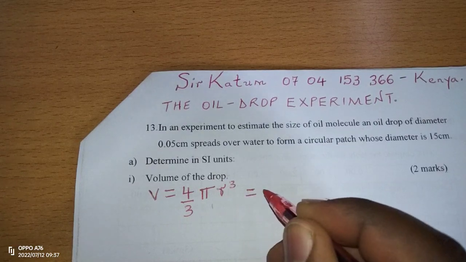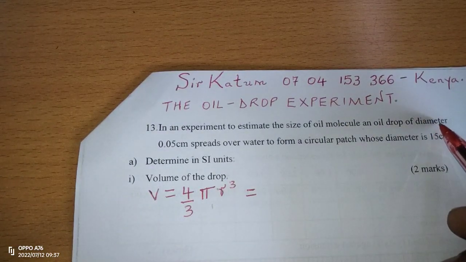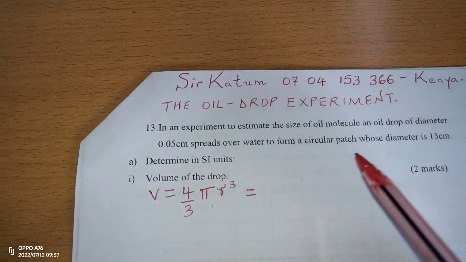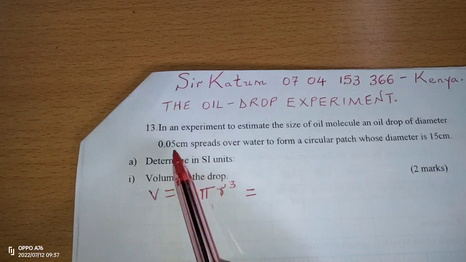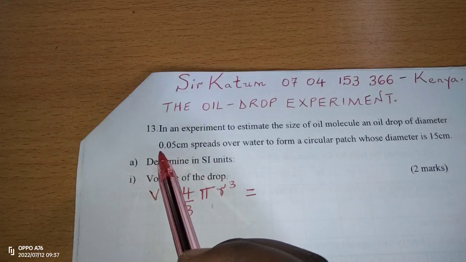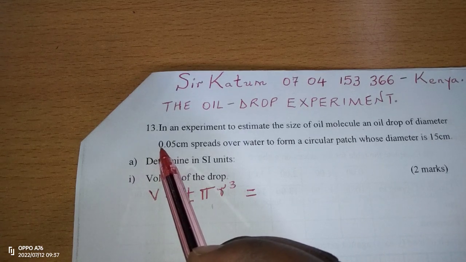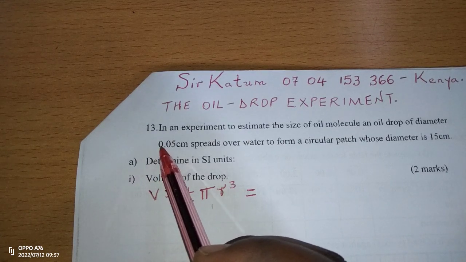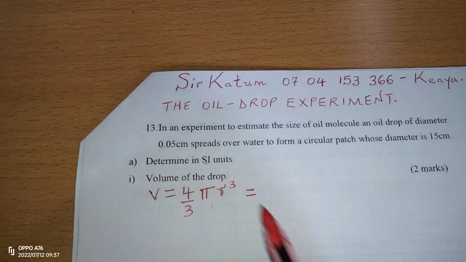The oil drop has a diameter of 0.05. Before we determine the volume, we first have to change diameter to radius, and again from centimeters to SI units, which are meters.